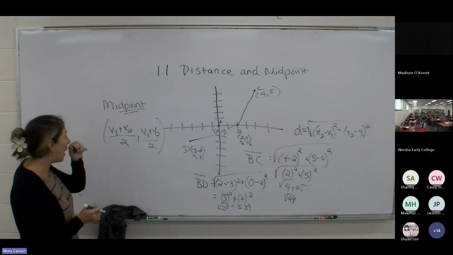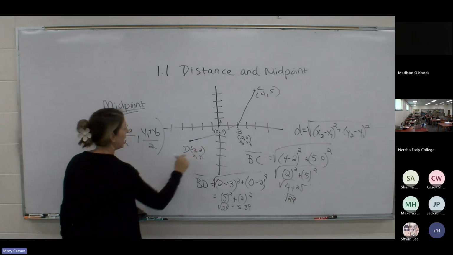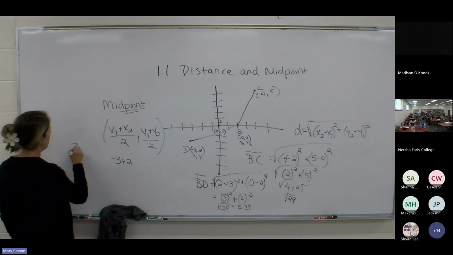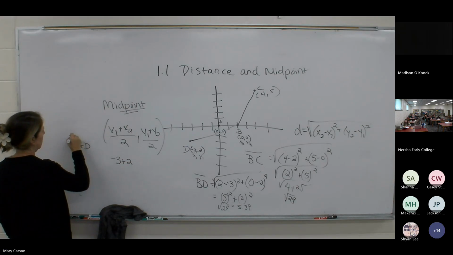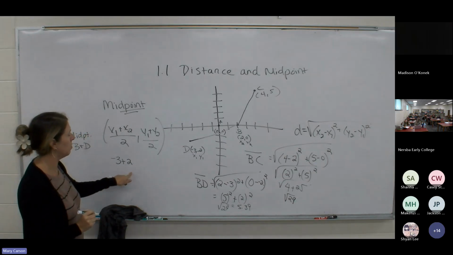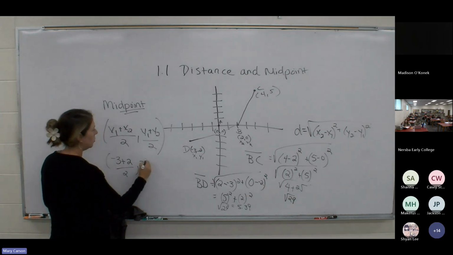So let's say we want to find the midpoint of B and D. You would literally add your x's, so that's going to be -3 plus 2. So I'm finding the midpoint of B and D. Okay, so I'm doing -3 plus 2 divided by 2, and then -2 plus 0 divided by 2.